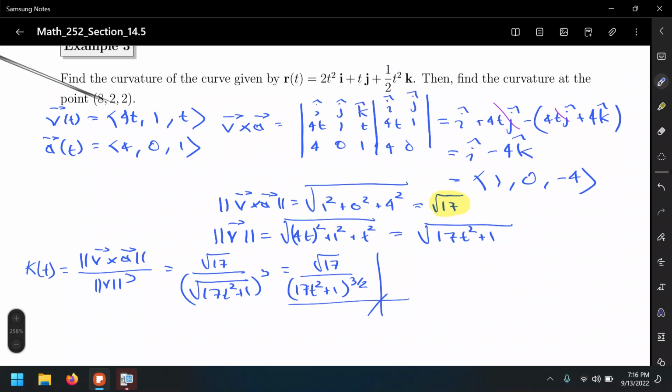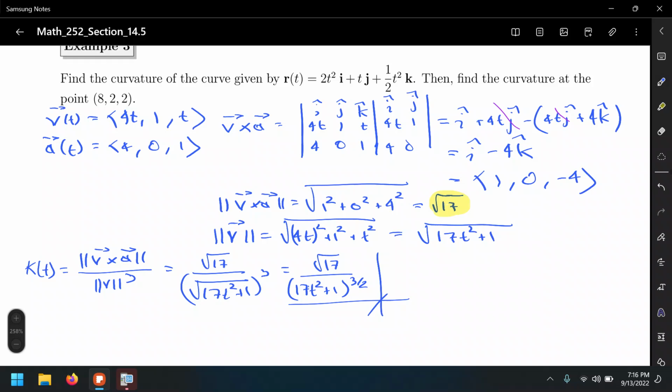These are three values, and this formula calls for only one value. We plug it into r? Not plugging it into r, but sort of. So we would need to find the value of t, or in other words, when is the particle at the point (8, 2, 2)? All right, how do we do that?